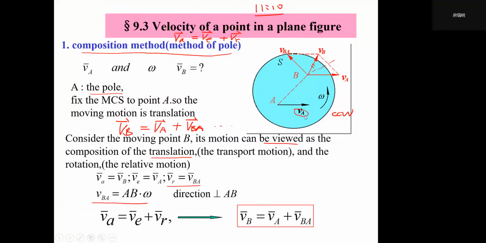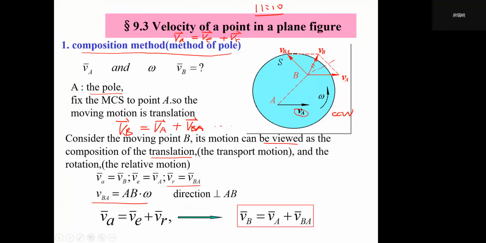If we know some point on this plane figure, we know its velocity and we know its acceleration. So we can always divide this plane motion into one translational motion, the velocity or acceleration with the basic point A, our reference point A, our pole A. Another is the rotation component, which is around pole A, right?